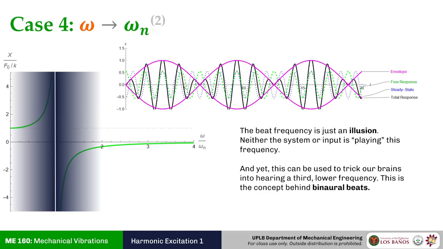This is the concept behind binaural beats. You play one frequency in your left ear, one frequency in your right, and the difference causes an illusory low frequency, and that is where the binaural beat comes from. Is it that relevant to systems? Not so much. Case one, case two, case three matters more, but it's kind of an interesting thing to see.